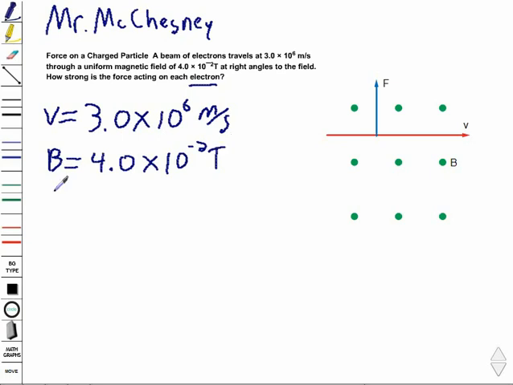And we also know that the charge on an electron is negative 1.60 times 10 to the negative 19th coulombs. And what are we looking for? Well, we're looking for the force that acts on this particle.